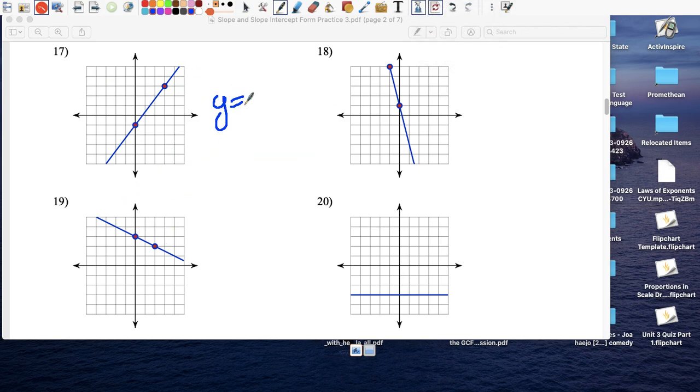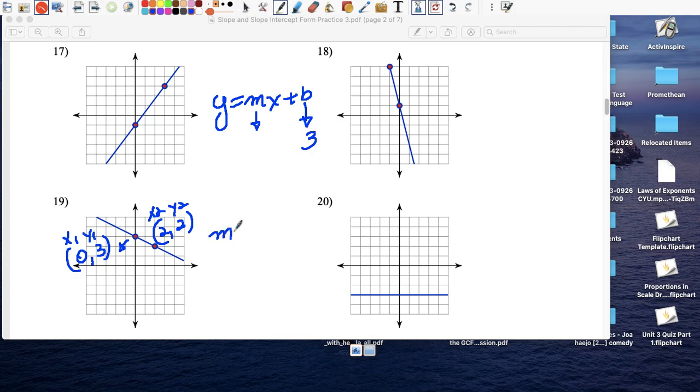So again, y equals mx plus b. We know what b is. b here is 3. We just need to find the slope. Let's use these 2 points that are given to us. This point is 0 and 3, and this one is 2 and 2. x1, y1, x2, y2.